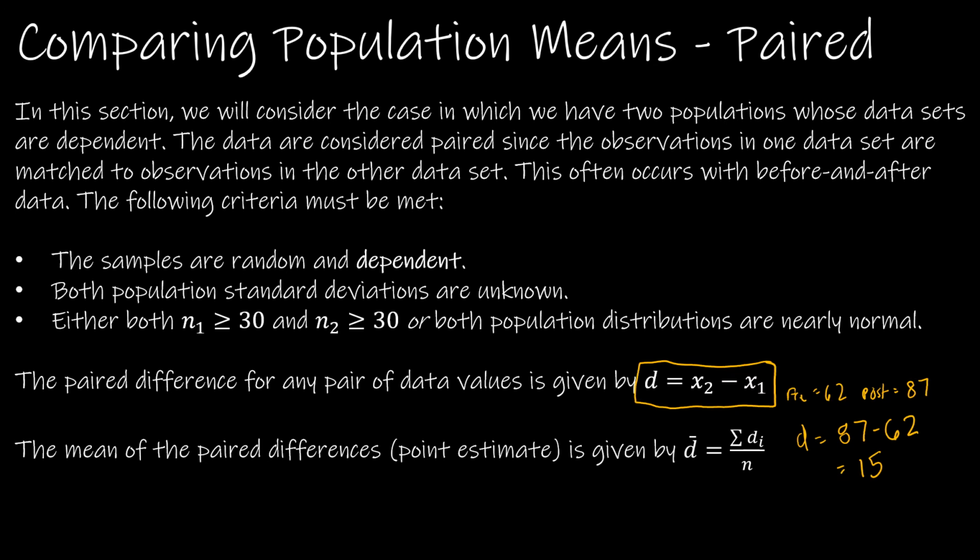And the reason that the order is so important here is because I want to know that my score increased by 15. If I would have subtracted 62 minus 87, then I get negative 15. It makes it look like my score went down by 15 points, but it did not. So you definitely want to take the second value minus the first for each subject. And then we're simply just going to find the average of all of the values.